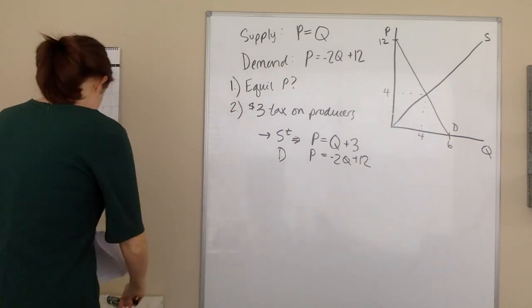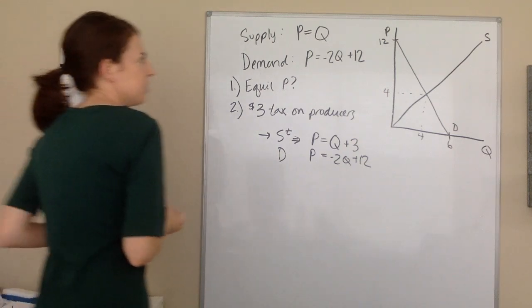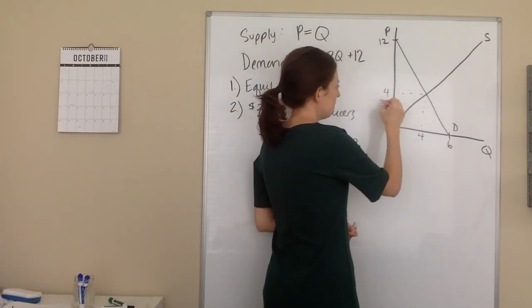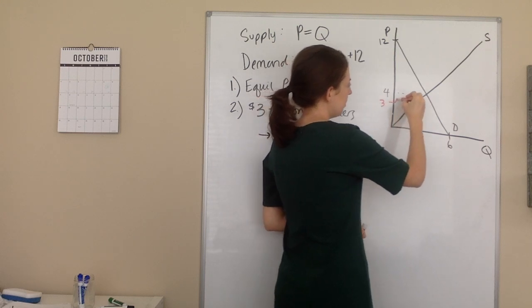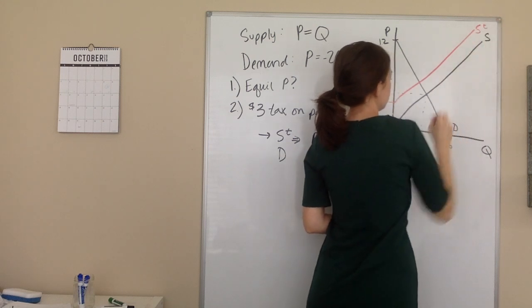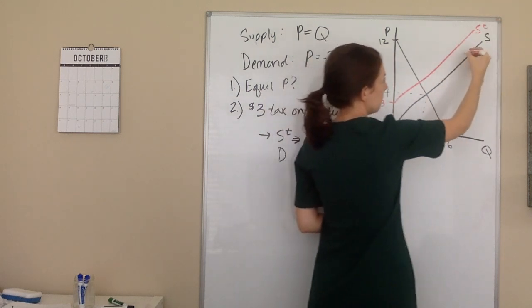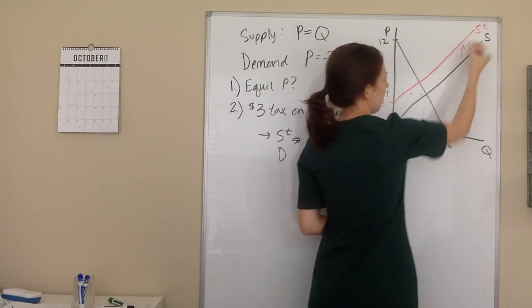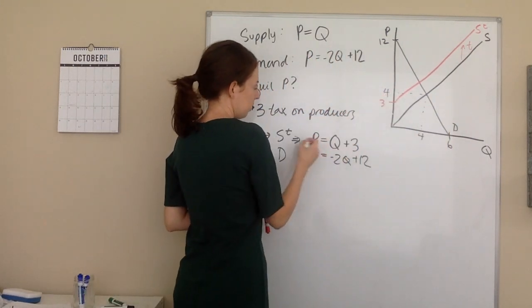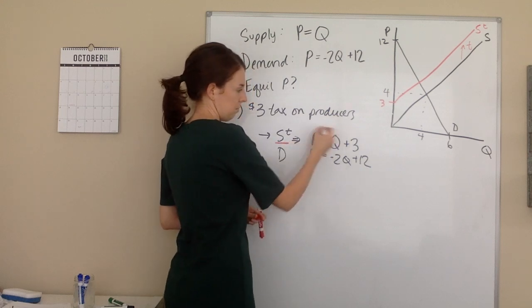Let's first draw in the new supply. You go up 3 units, and you get the supply under the tax. Note again, we're just moving the supply curve up by the amount of the tax. And this new red line corresponds to this equation.